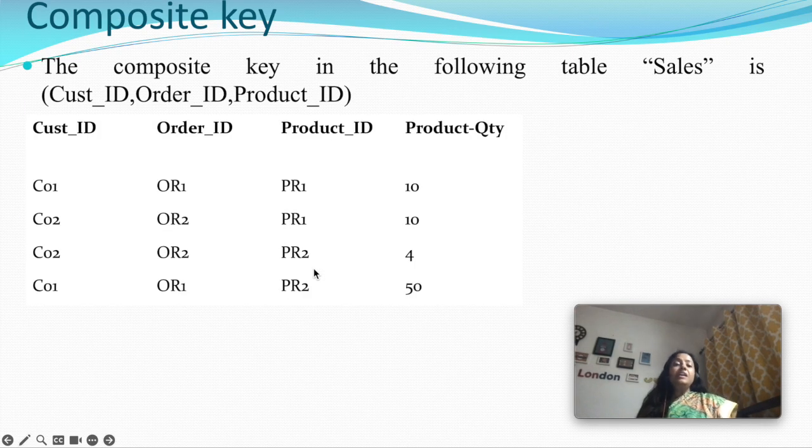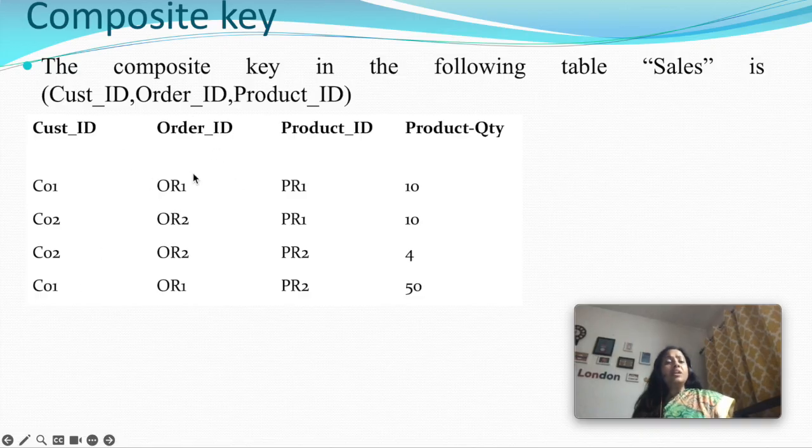Please keep in mind that a composite key must be a candidate key. For example, in this table which you can see here, the composite key is cust ID, order ID, and product ID together. Why are we saying together here? Suppose I take the example of cust ID. Cust ID cannot alone be considered a key because it is getting repeated here.